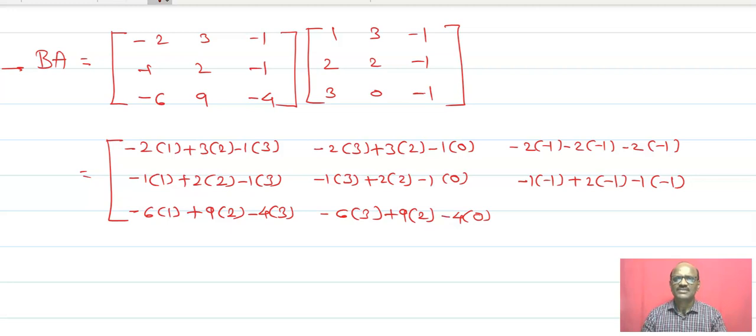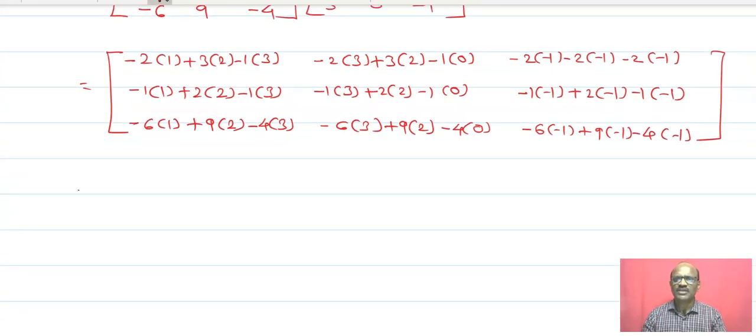Now see this. Third row, third column: minus 6 into minus 1, 9 into minus 1, minus 4 into minus 1, and in this way.